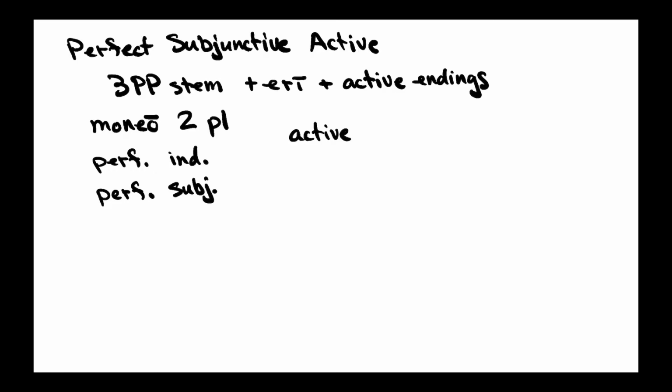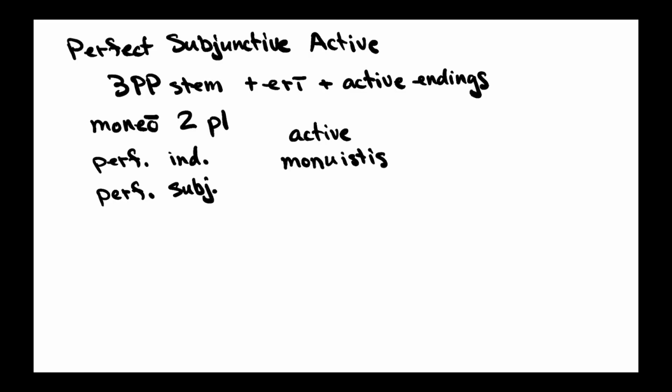Okay, so for the perfect indicative, you take that third principal part. It's manu here. Manui is going to be the principal part. You drop that ending and then you add your istis. There's perfect endings. Right, there's perfect active endings.